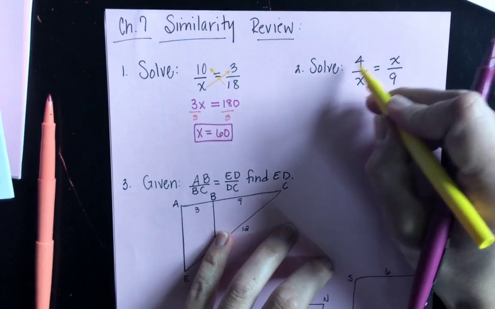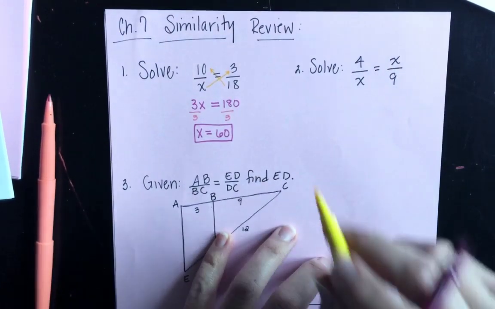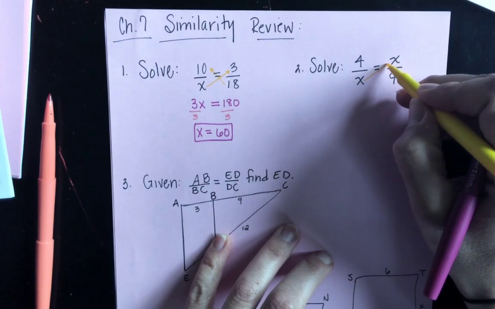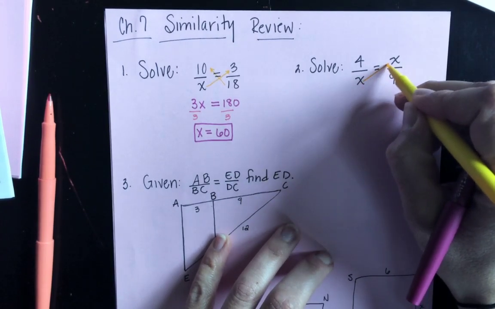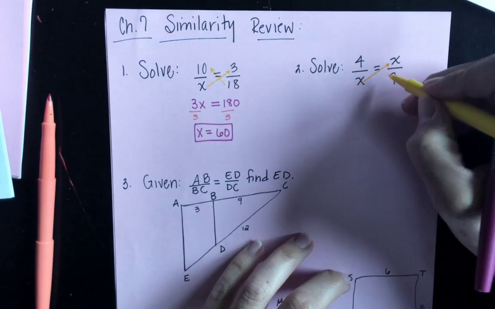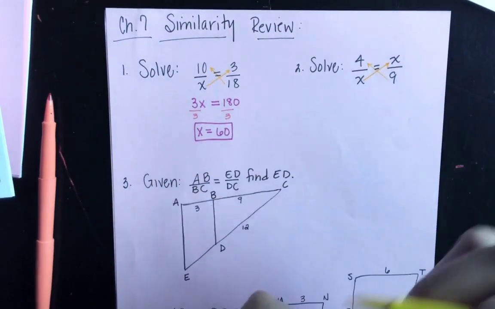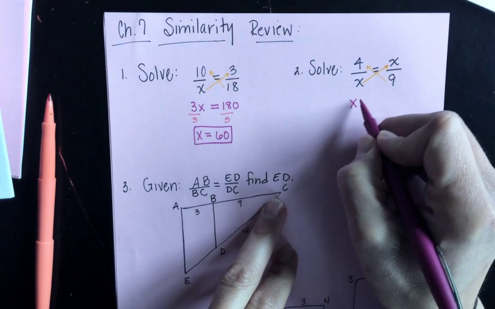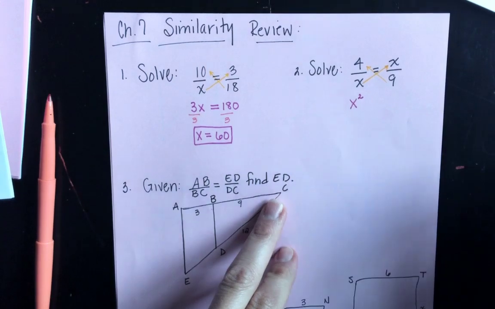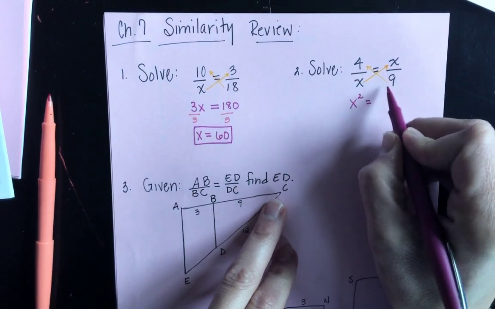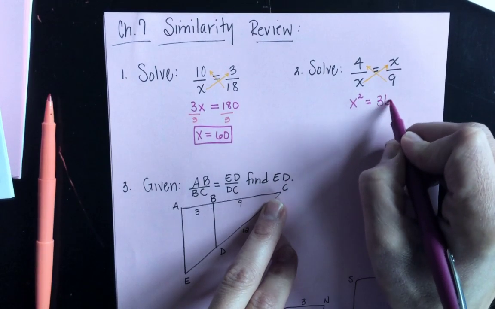In the next problem, though, you can see that again, they look the same, but when we cross multiply, we have to remember when you multiply a variable by itself, that it's going to change the power of the variable. So x times x is actually x squared, and then our equal sign still lines up, and 4 times 9 is 36.